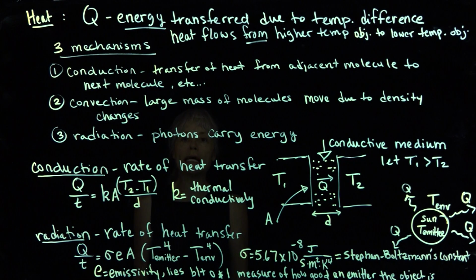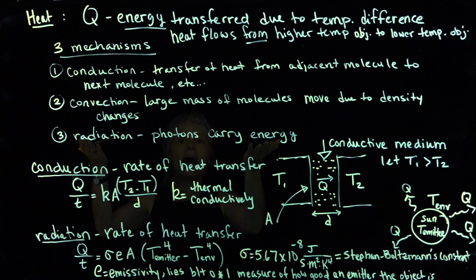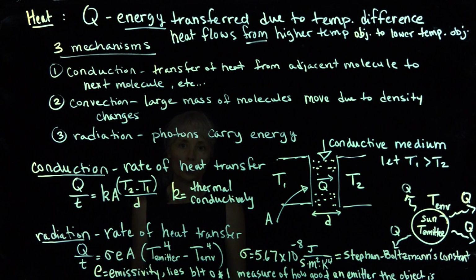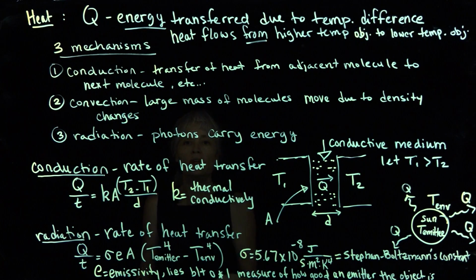The ground, again hot because it is absorbing radiation from the sun, heats the air above it, the density decreases and it rises up, and now more dense, cooler air falls in. And so this is convection. This is the large mass of molecules that are moving due to density changes. It's keeping the atmosphere stirred up, also keeping the ocean stirred up.